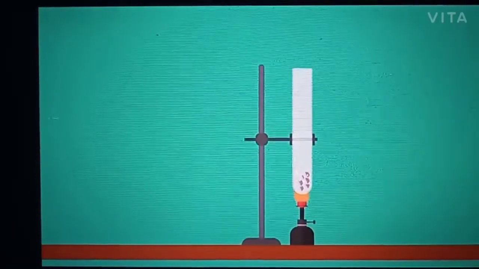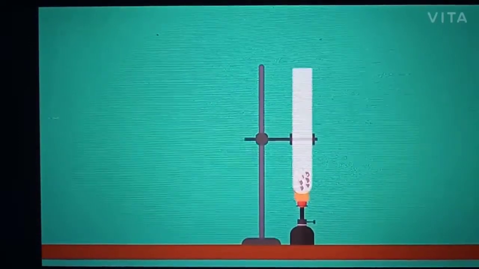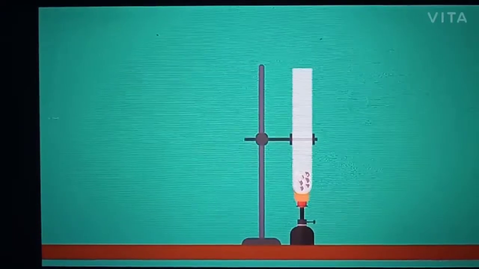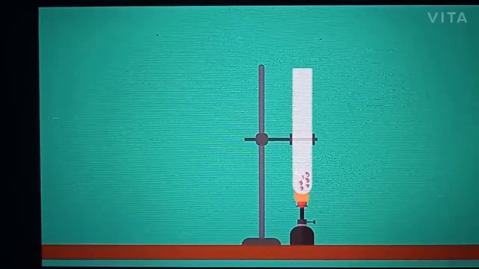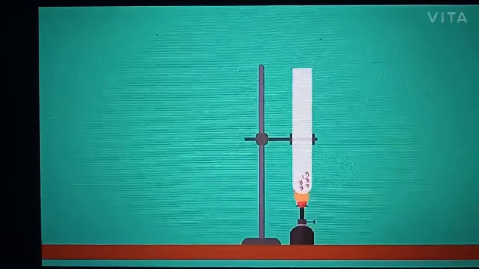What is the meaning of the color change? Copper sulfate has some water molecules, and on heating, the water molecules are removed. That's why the color changes.